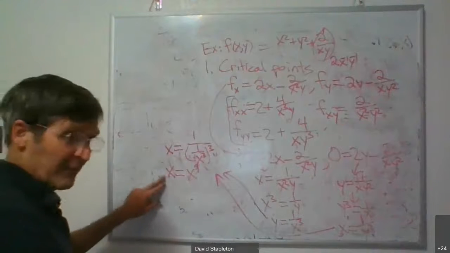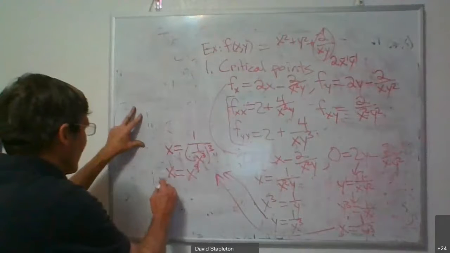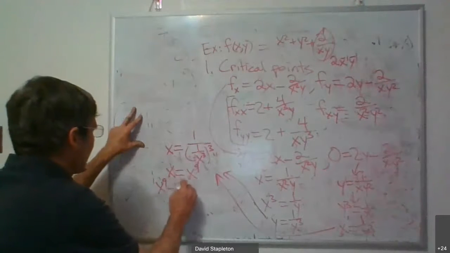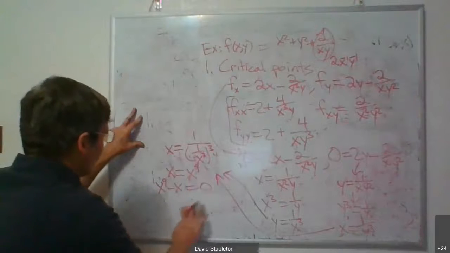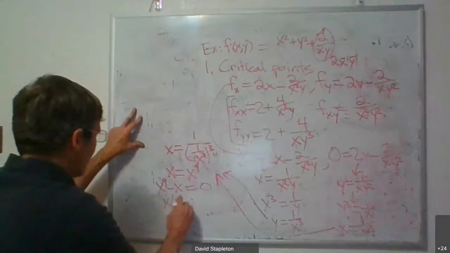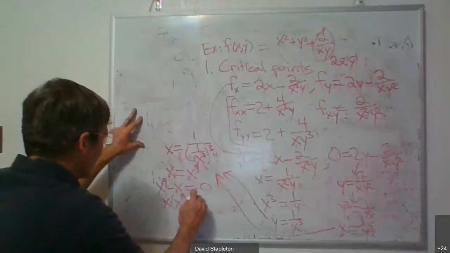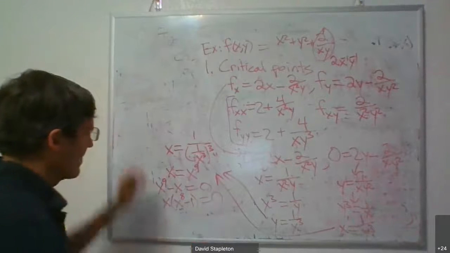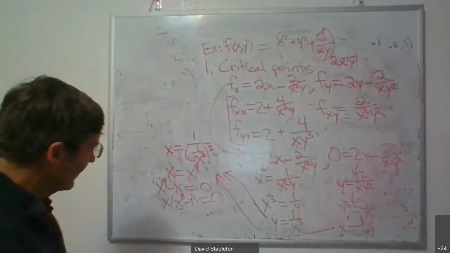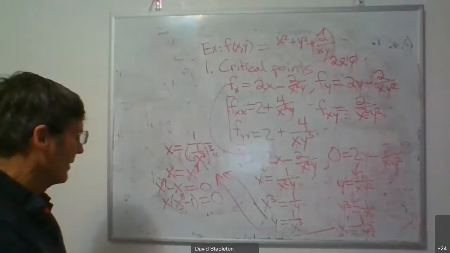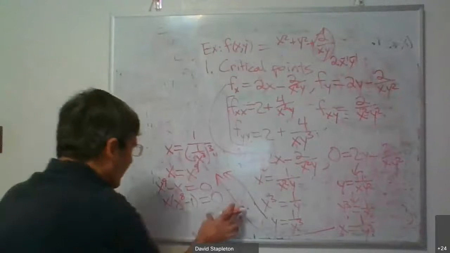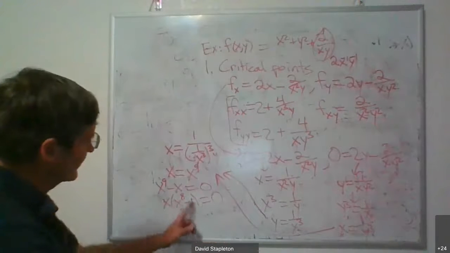And I can solve this by factoring, right? I can rewrite this as x to the 9th minus x equals 0. I'll write that as x times (x to the 8th minus 1) equals 0. And this factors further. All right, that's the difference of squares.